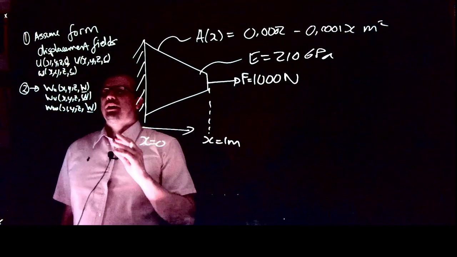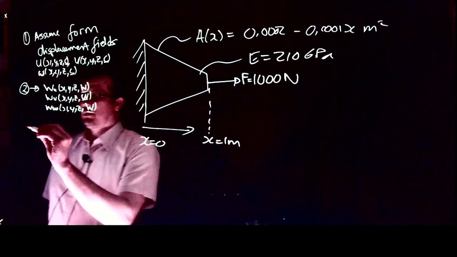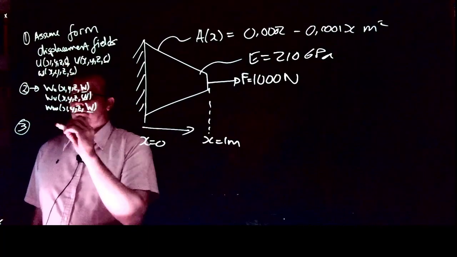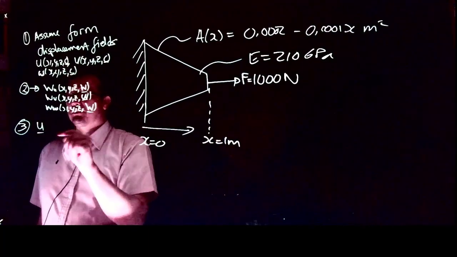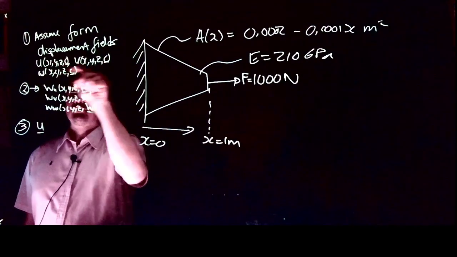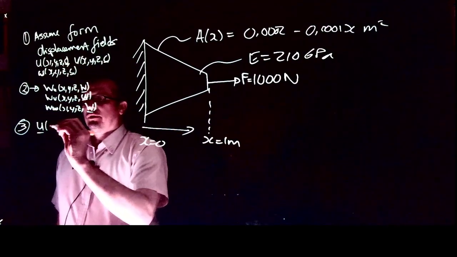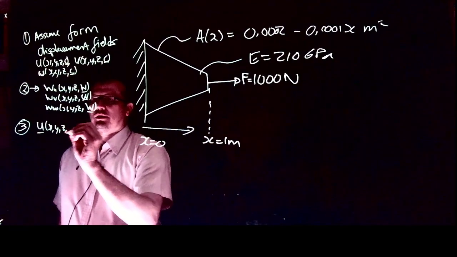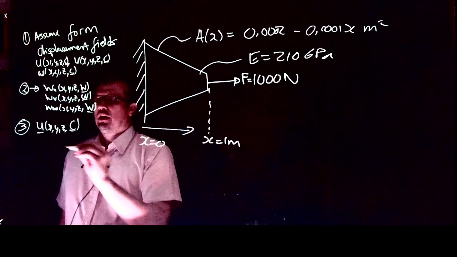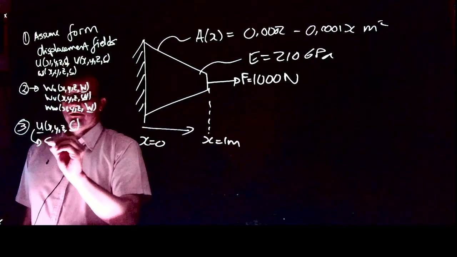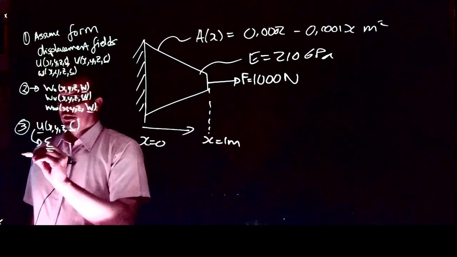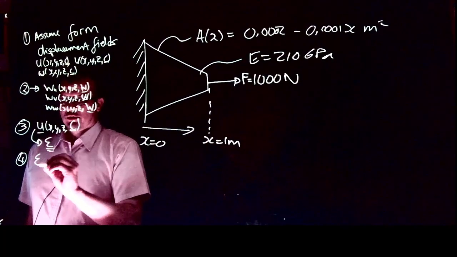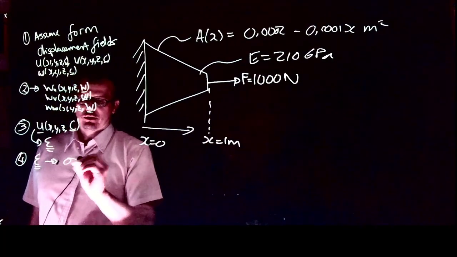Once I have this, I can say, if we have the displacements, I'm going to write them down as a displacement vector, combining these into a vector that is some function of x, y, z spatially, and then some c coefficient. From this, I can compute strains, the strain matrix. From the strains, I can compute the stress matrix.